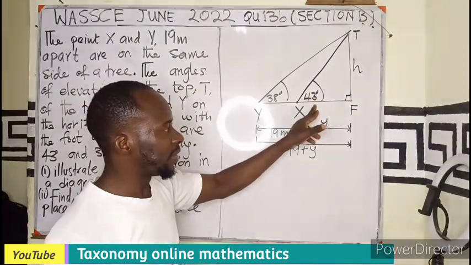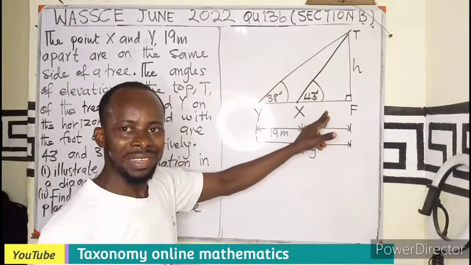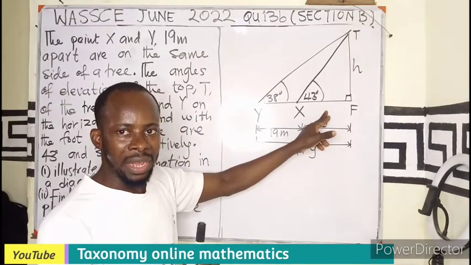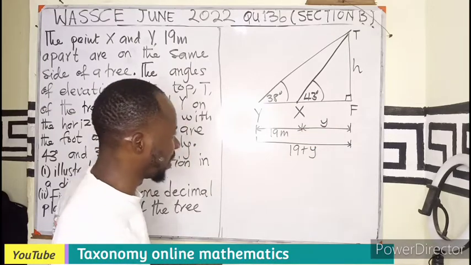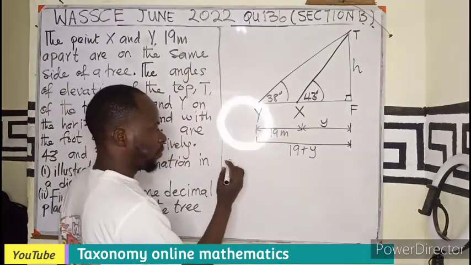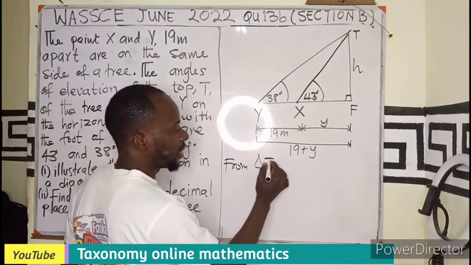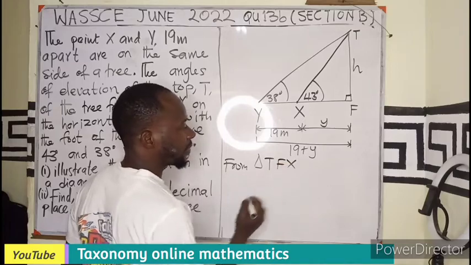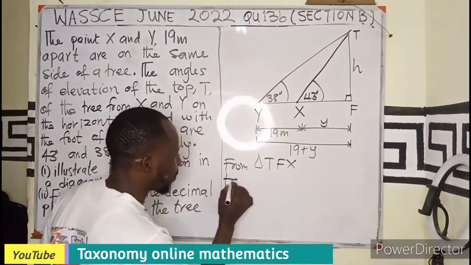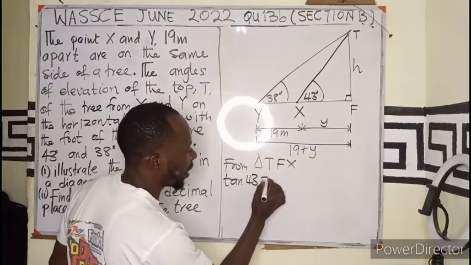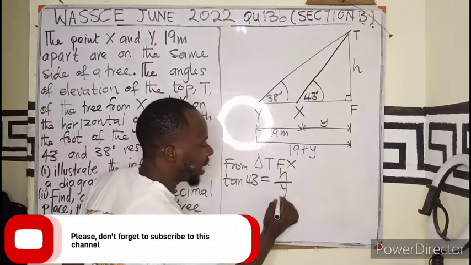If I take this, it is going to be opposite over adjacent, and you know that the trig ratio will be tan. So from triangle TFX, I can use tan of 43 equals the opposite side, which is h, over the adjacent side.